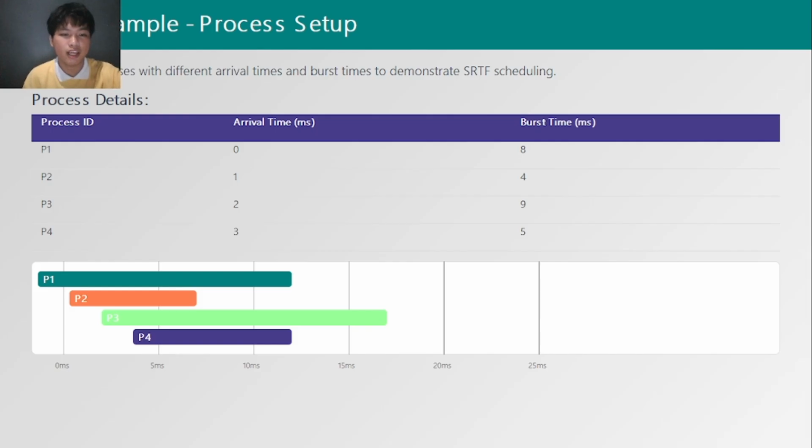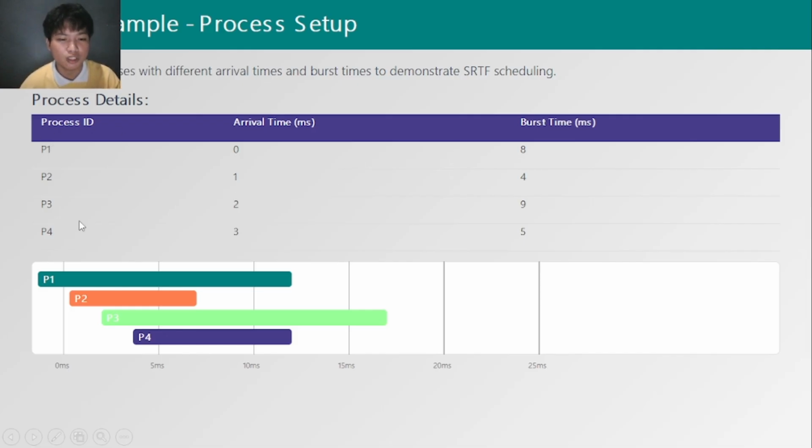Here we have an example of the process setup. Let's look at a quick example with four processes, P1 through P4.